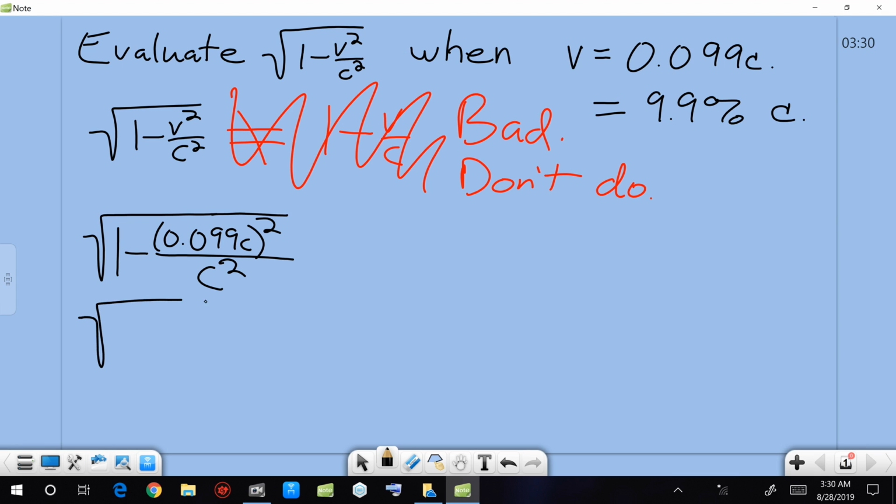So next up we have this 1 minus, and your calculator will tell you that 0.099 squared is going to be 0.009801. And then the c gets squared too, so we have that over c squared, and all of this is divided by c squared.